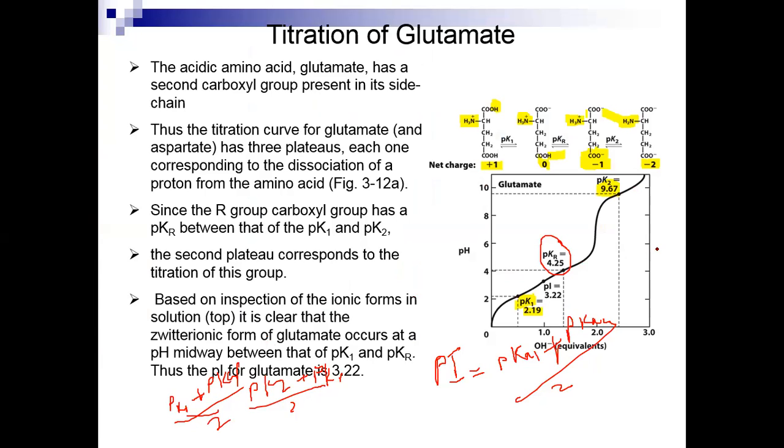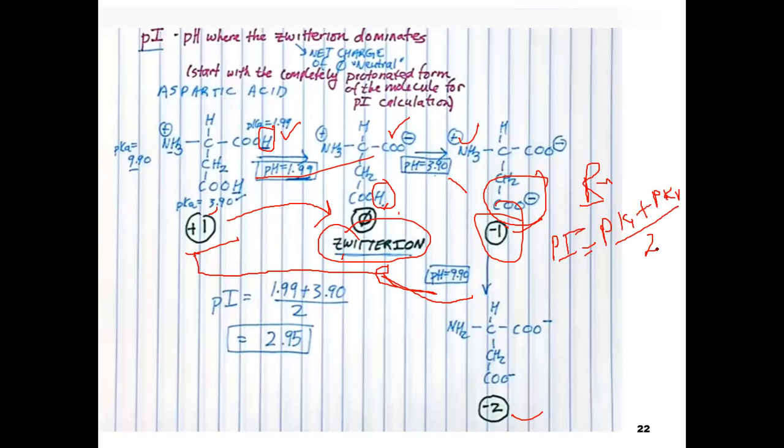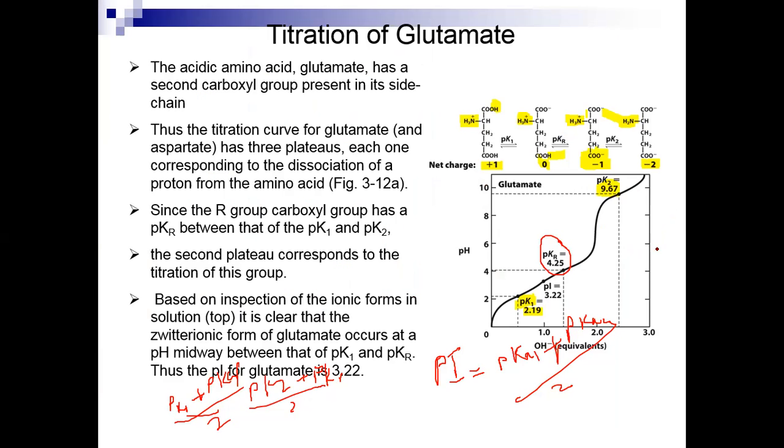The net charge is zero after the pK1 and pKr. So pK1 is 2.19 and pKr is 4.25. So the pI will be 2.19 plus 4.25 divided by 2, and it will be equal to 3.22. So the pI of the glutamate is 3.22.